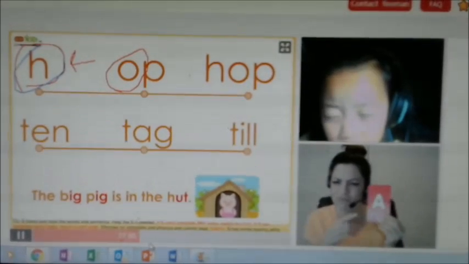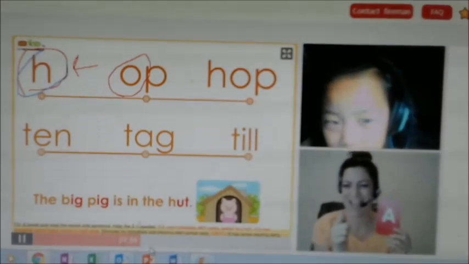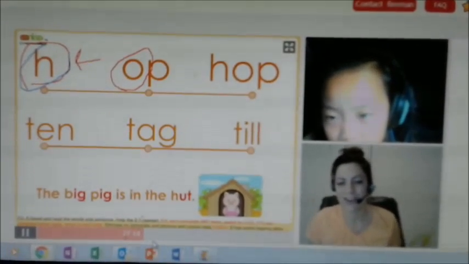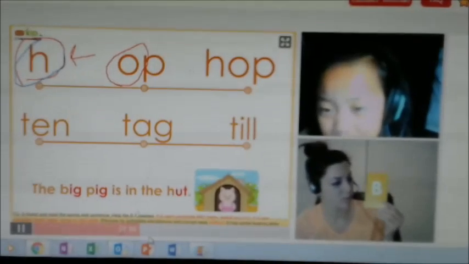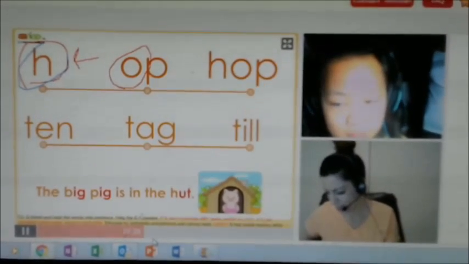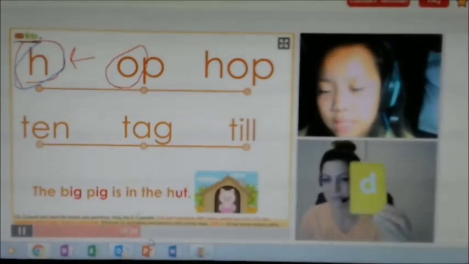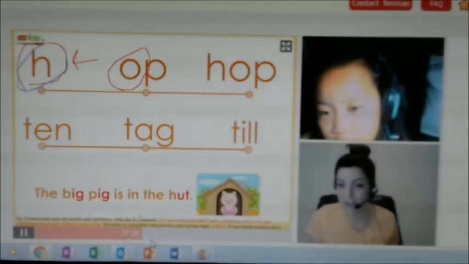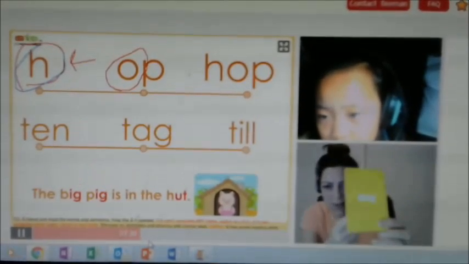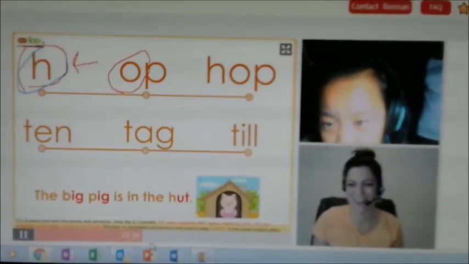Here she starts doing a little bit better. What letter is this? So as you can see, she does recognize some of her beginning letters of the alphabet, and a lot of Chinese students, even young children, know the alphabet.